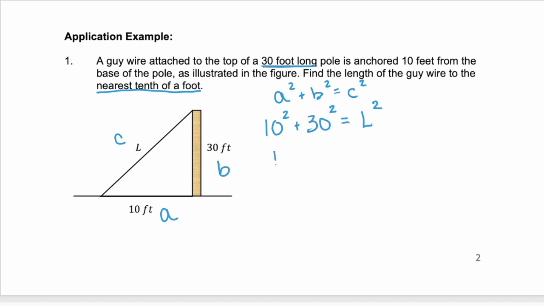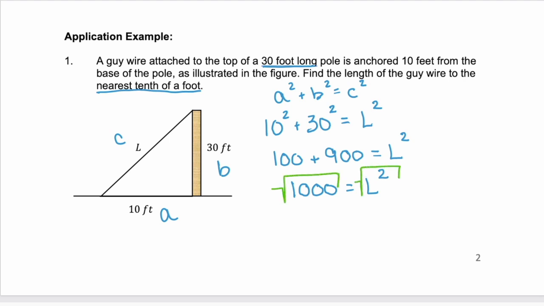10 squared is 100, plus 30 squared, which is 900, equals L squared. 100 plus 900 is 1,000. 1,000 equals L squared. And to find just L, we're going to take the square root. So L equals the square root of 1,000.